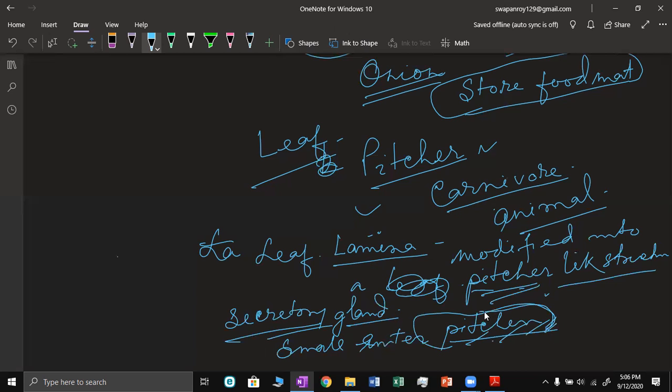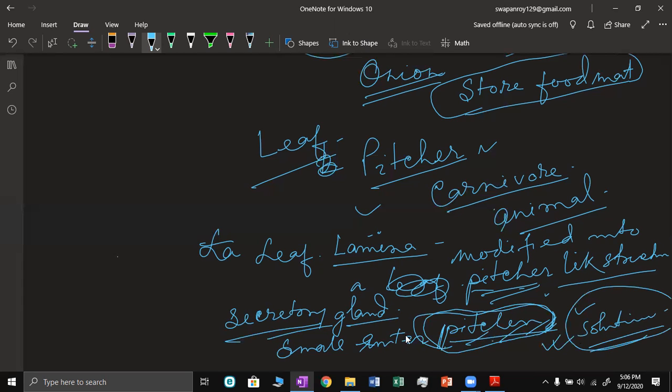Acid kills the insect and then the enzyme digests the insect. After digestion, the digested solution is absorbed by the leaf surface.